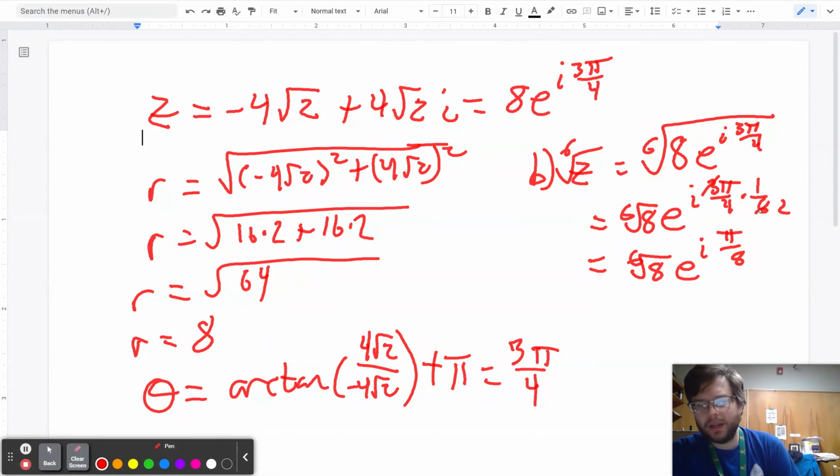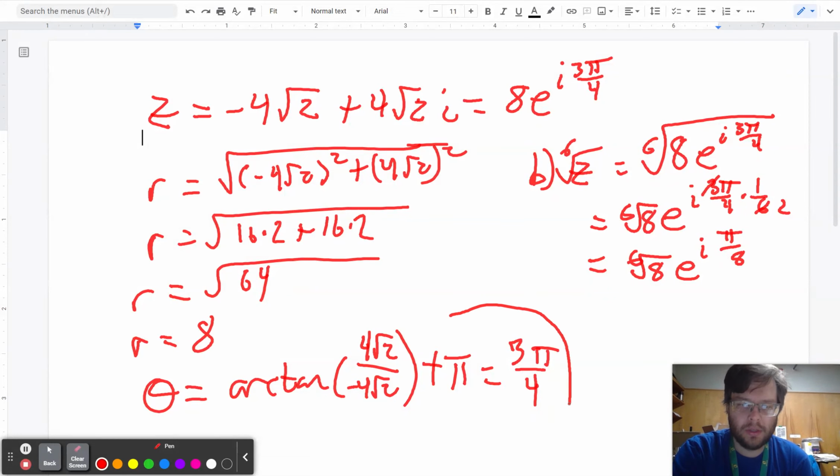So I don't think pi over 8 is on the unit circle. So I guess I could use a calculator here. I'm wondering if maybe I want to use the half angle identity, but I don't have the half angle identity memorized. So I think here using a calculator is a totally reasonable approach.